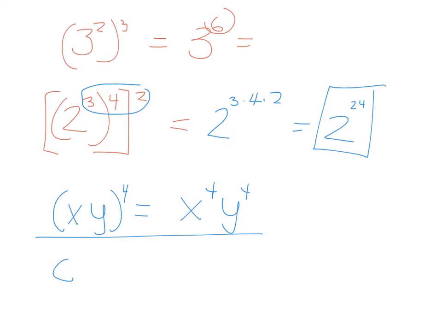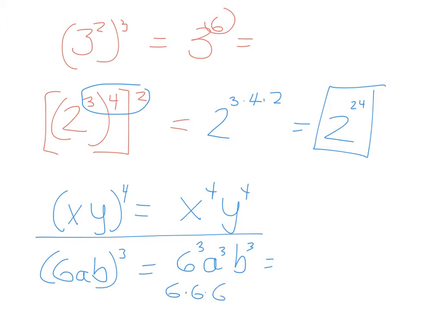Likewise, 6ab, all of that in parentheses to the 3rd power. So it means 6 to the 3rd times a to the 3rd times b to the 3rd. 6 to the 3rd is 6 times 6 times 6, which is 36 times 6, which you would carry out to 216, a to the 3rd, b to the 3rd.